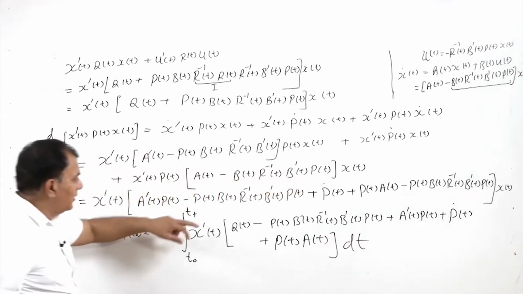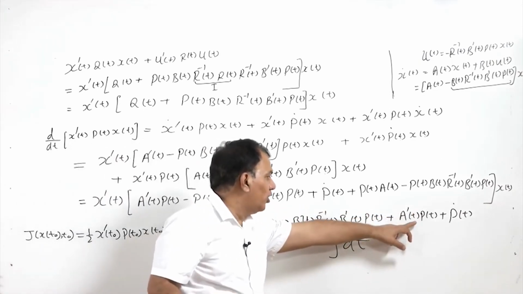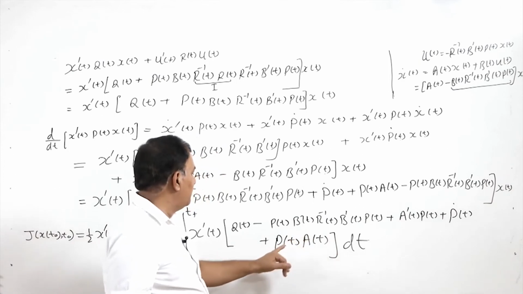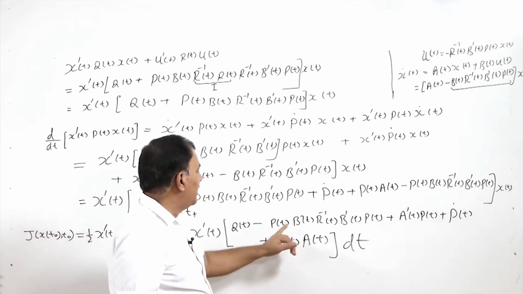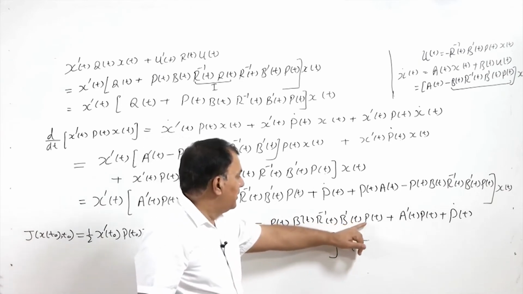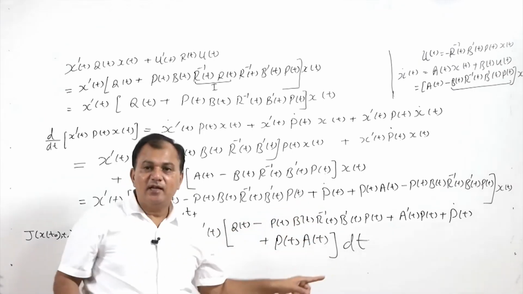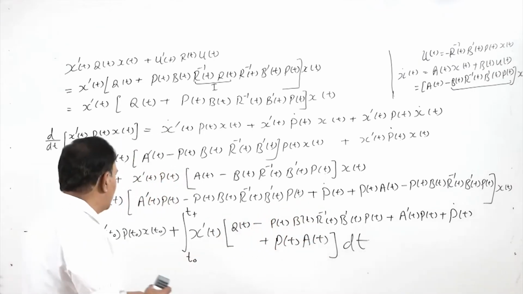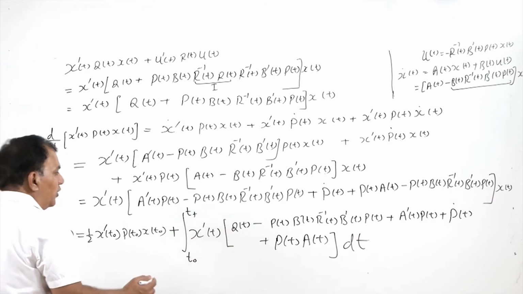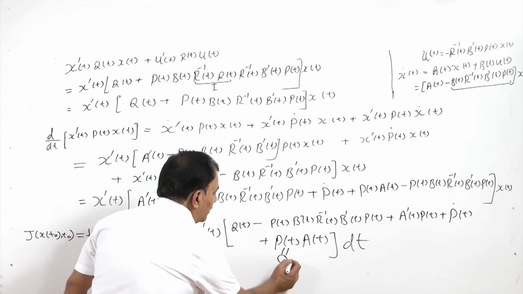So now what you see in this, P dot of t plus A transpose P, P A minus P B R inverse B prime P plus Q of t, and this is nothing but my matrix differential equation whose value is 0. So this whole value is nothing but 0.